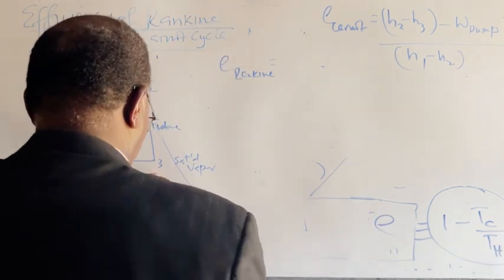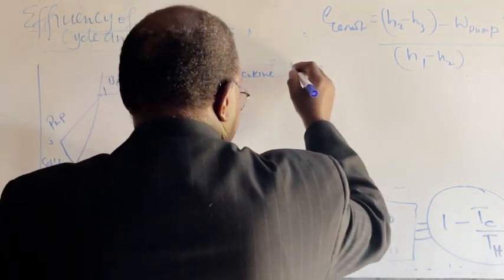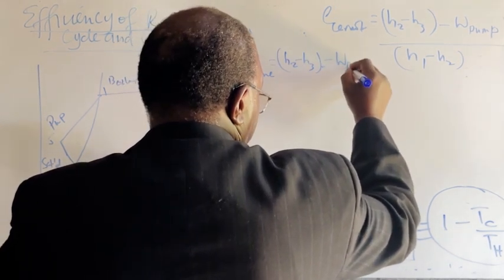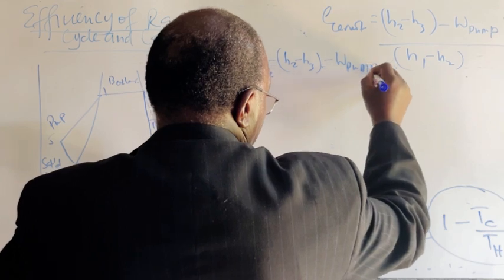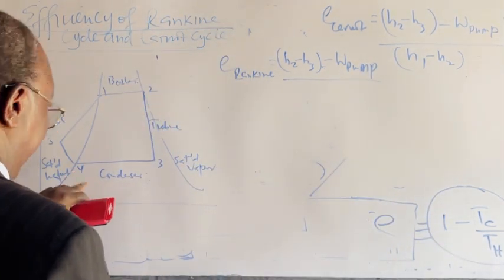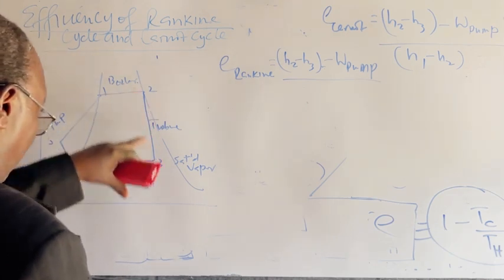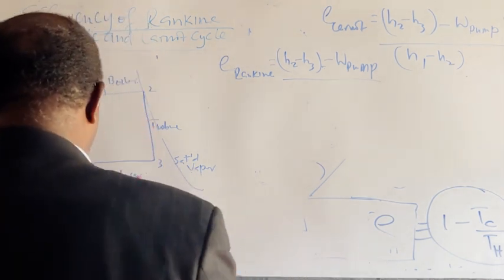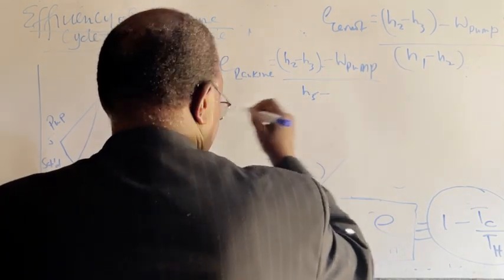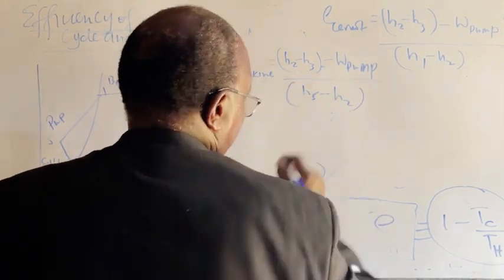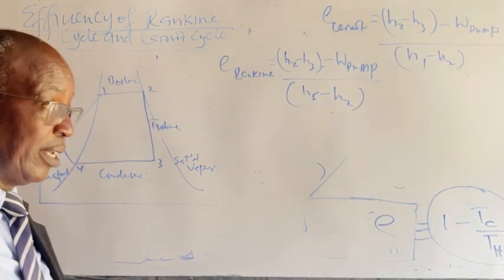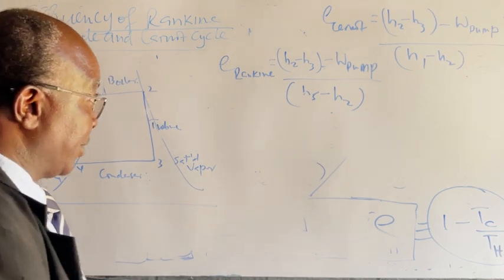Output from the turbine, that is H2 minus H3, minus the input from the pump, divided by the input, which is H5 minus H2. And so those are the efficiencies of these Carnot and Rankine cyclic processes.